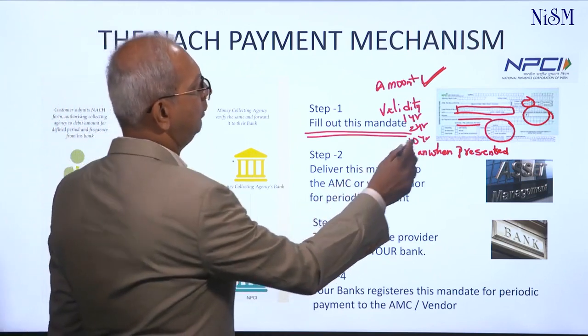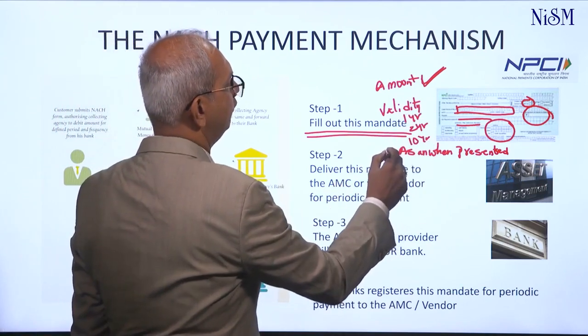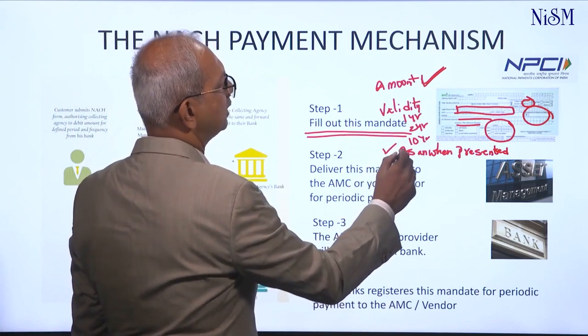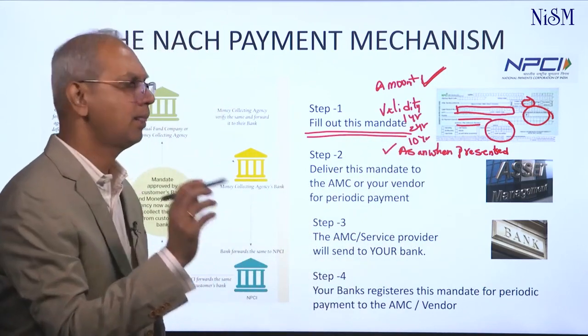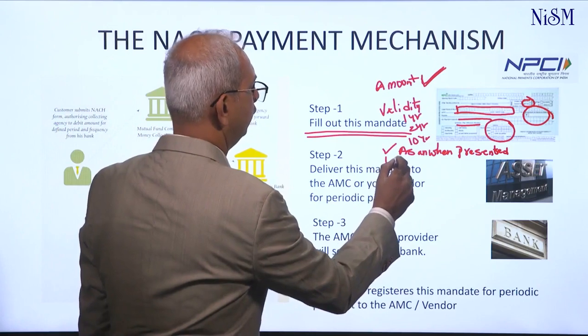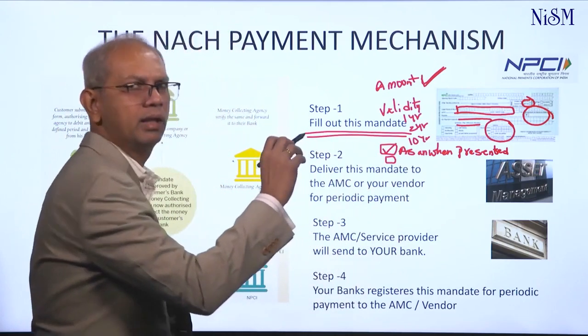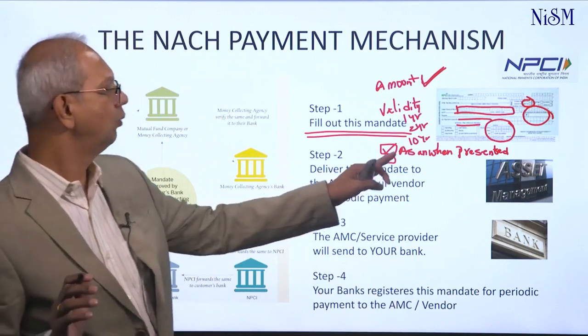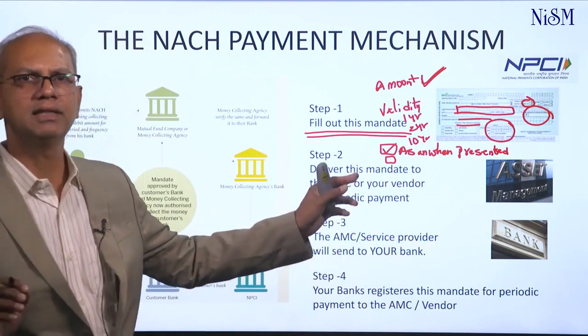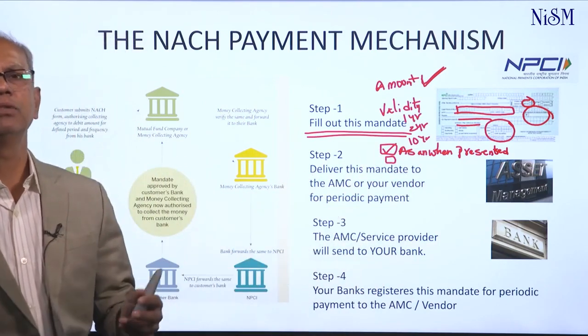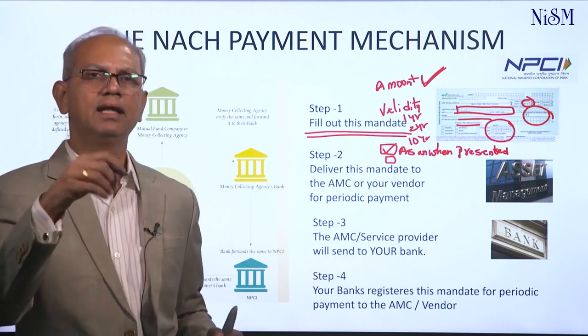When you put all those details, you have a box called monthly and a box called as and when presented on that NACH mandate. You choose whichever applies. Typically most AMCs have already ticked as and when presented.